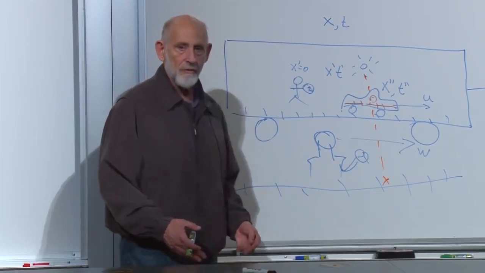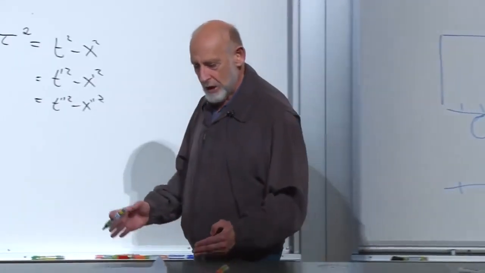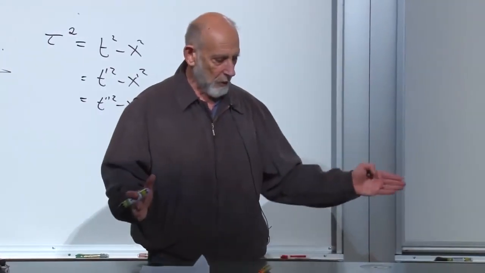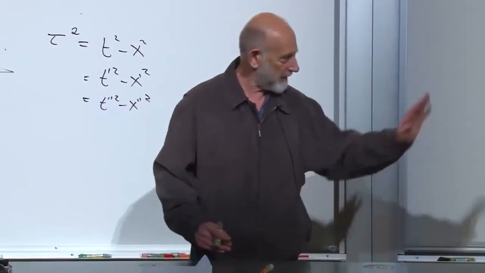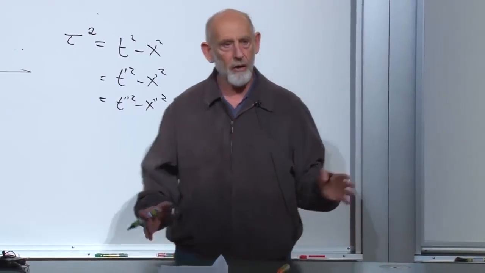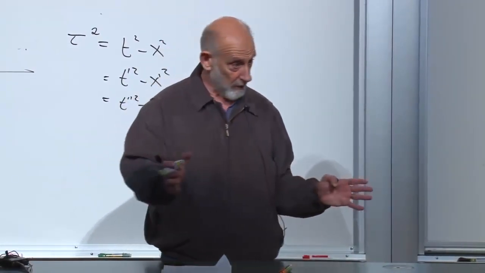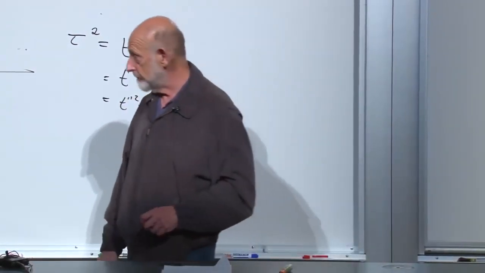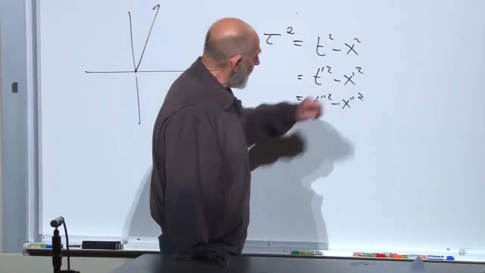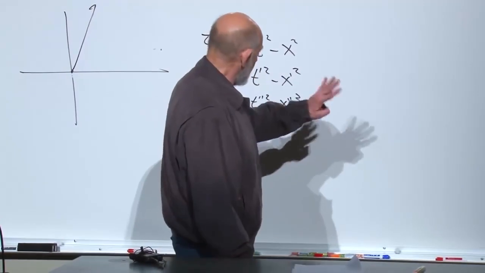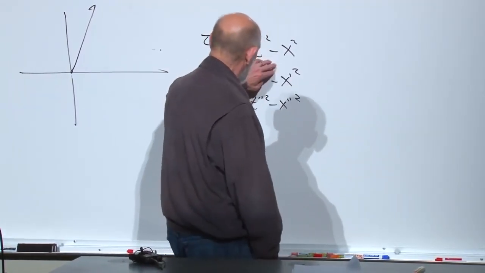So the stationary observer might have 2 different coordinate systems, one oriented along the xy axis and another one oriented along some x prime y prime axis. Some other set of axes, rotated or at an angle relative to the original ones. All right. Now we can forget the prime coordinates for the moment.